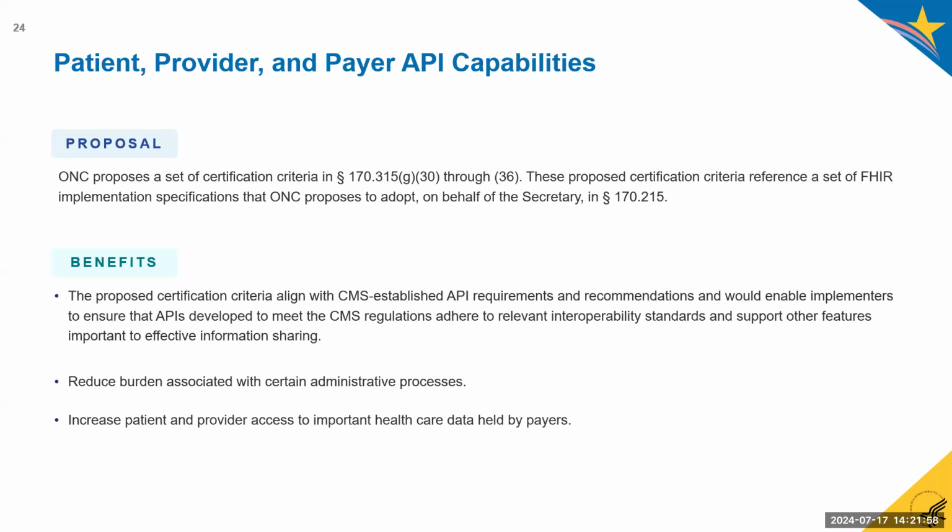These criteria are intended to make health IT available that can help reduce burden associated with certain administrative processes and increase patient and provider access to important healthcare data held by payers, by certifying technology that ensures that technology is meeting interoperability standards to carry out those functions. Next slide.